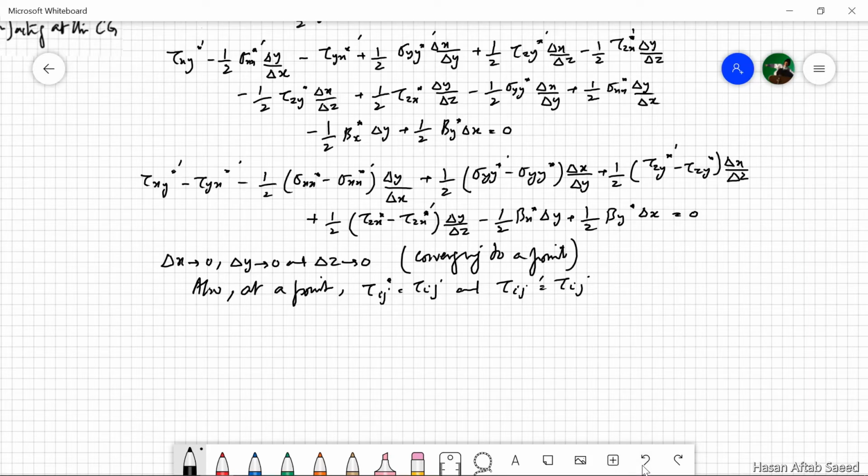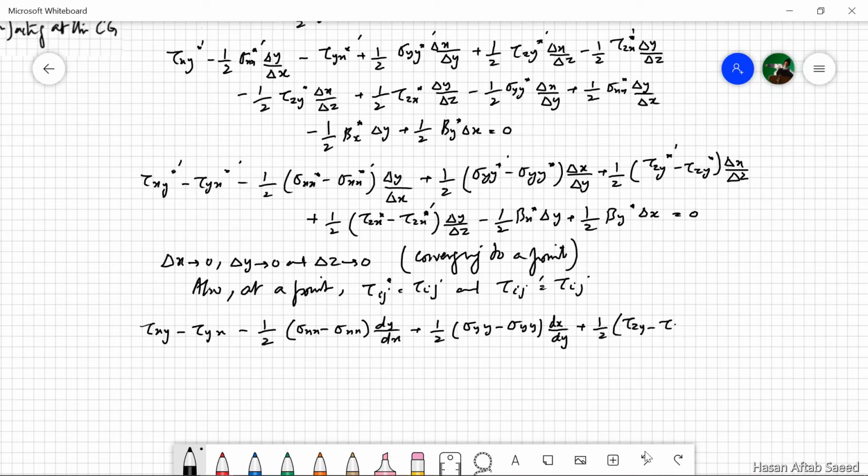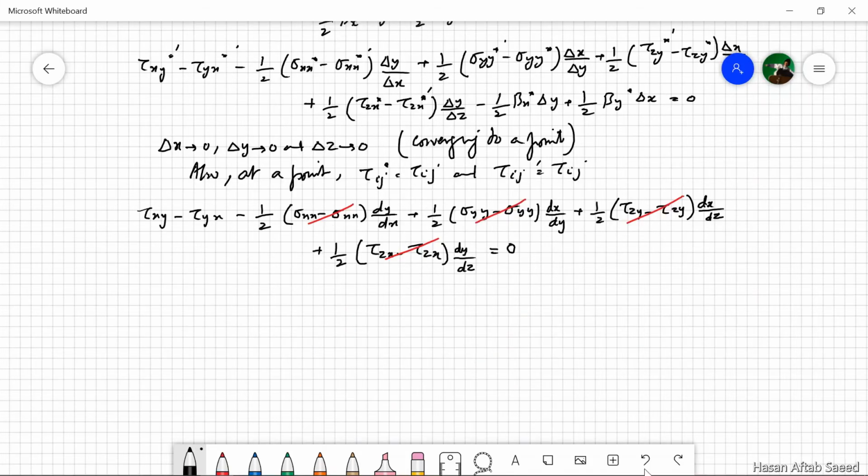Therefore, the equation becomes, these terms cancel out, and we are left with the result, tau xy equal to tau yx.